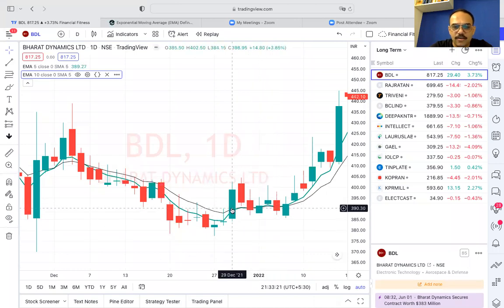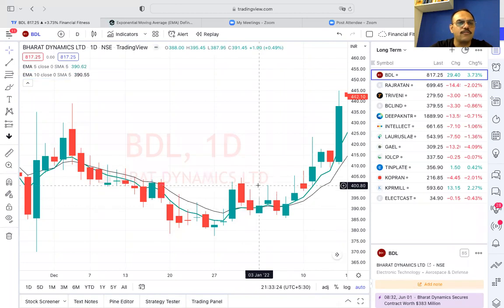Now here, see on this day, the 5-day exponential moving average went above the 10-day moving average. If I keep my mouse here, just see the values for 5-day and 10-day. See, the 5-day moving average value is 390.62 and the 10-day is 390.55. As soon as the 5-day exponential moving average crosses above the 10-day moving average, you buy.